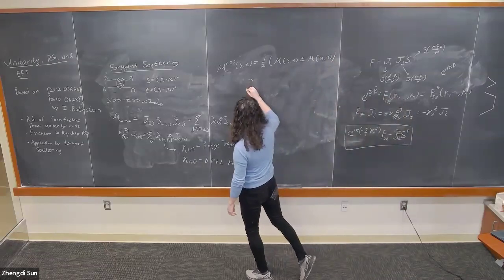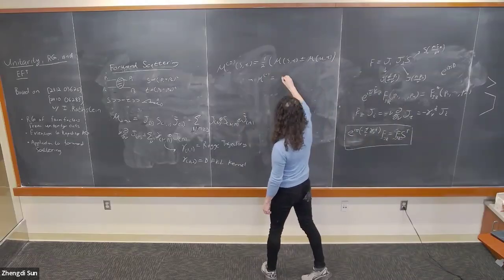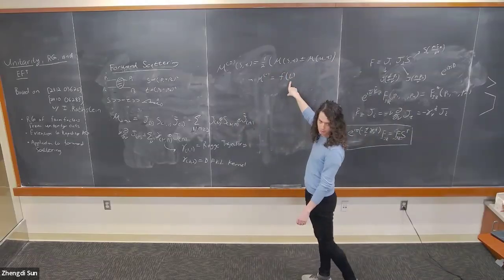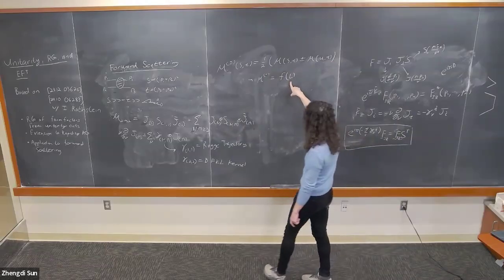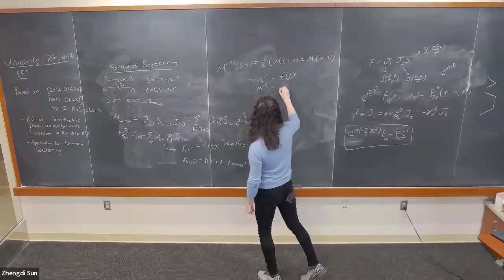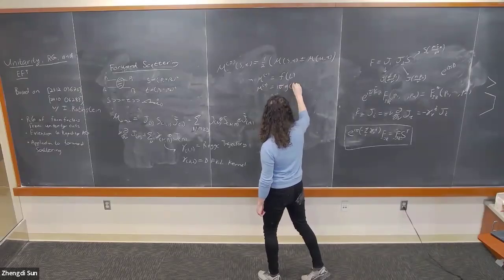And what you can show is that the negative signature piece is some real function of this combination of logarithms L, which I'll get to in a second. And then the positive piece is some purely imaginary function of this logarithm.